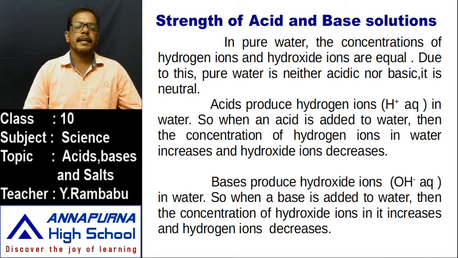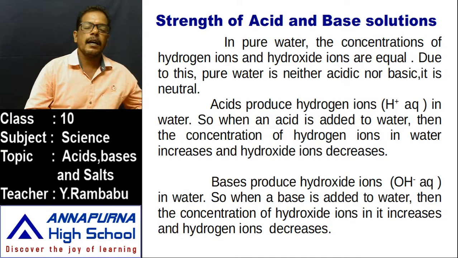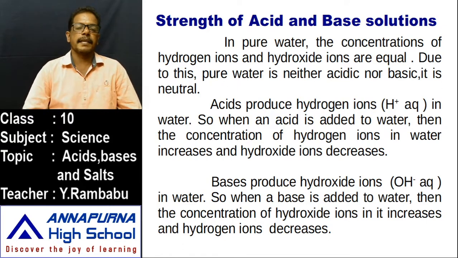And in the same manner, bases. What are bases? According to Arrhenius, bases are the substances which produce hydroxide ions in water. If the hydroxide ions, OH- ions, are comparatively higher than the H+ ions, then it is a base.